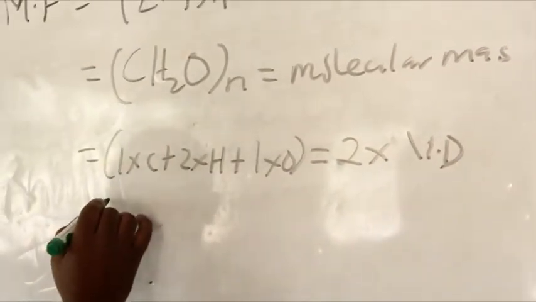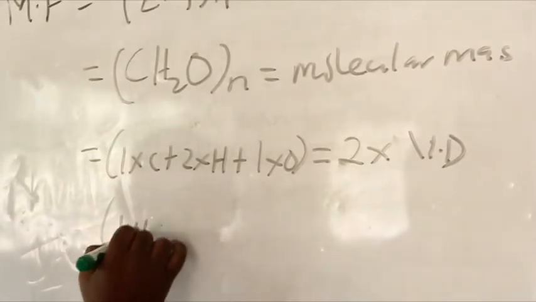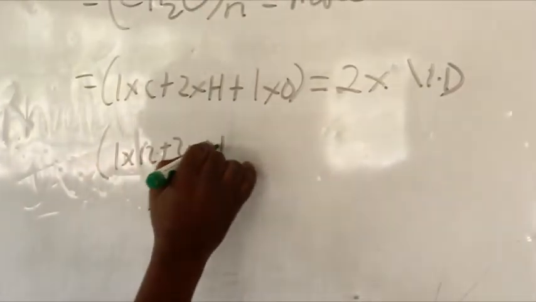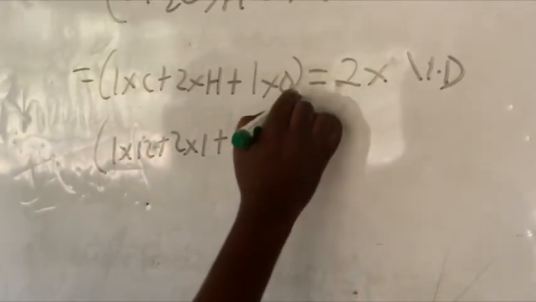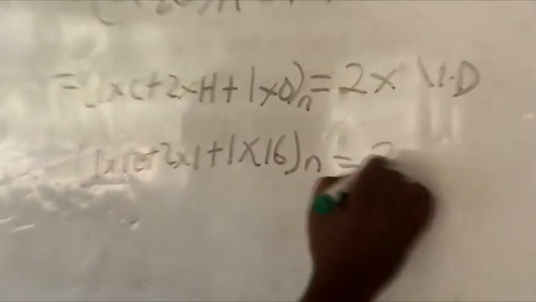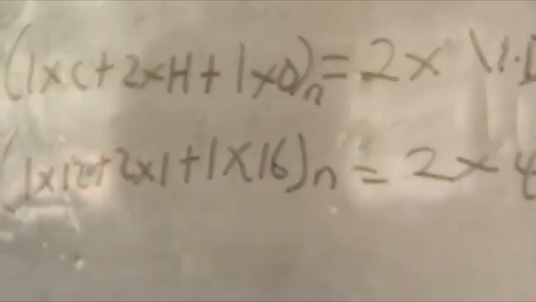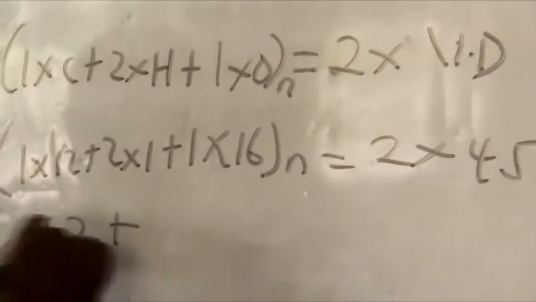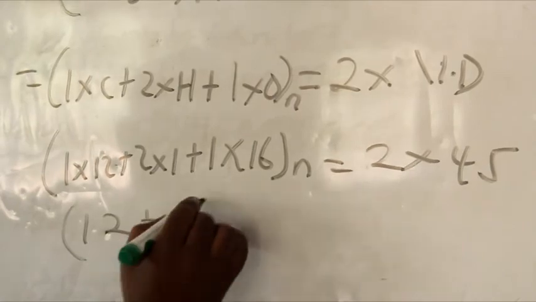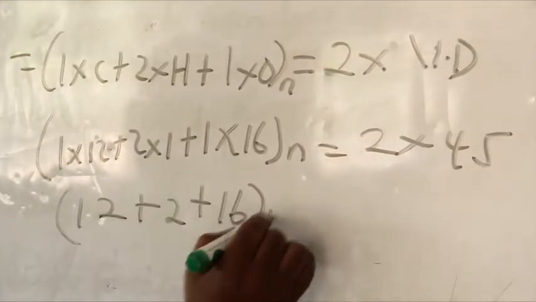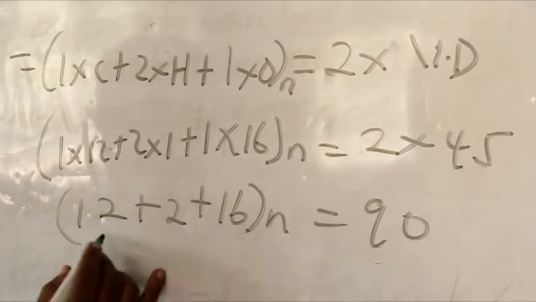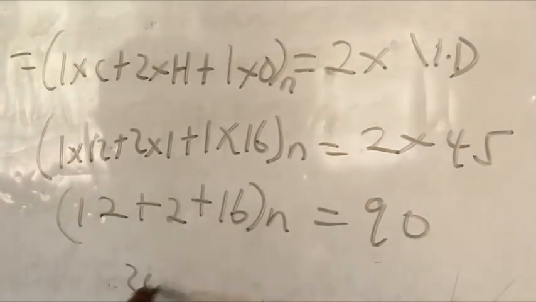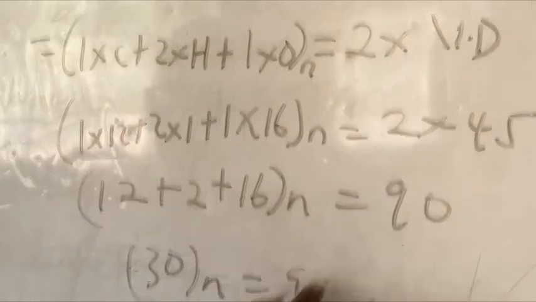This will give us bracket 1 times 12 plus 2 times 1 plus 1 times 16, n, is equal to 2 times 45. So it will give us 12 plus 2 plus 16, n equals 90. So we have 12 plus 2 is 14, plus 16 is 30. So we have 30n is equal to 90.